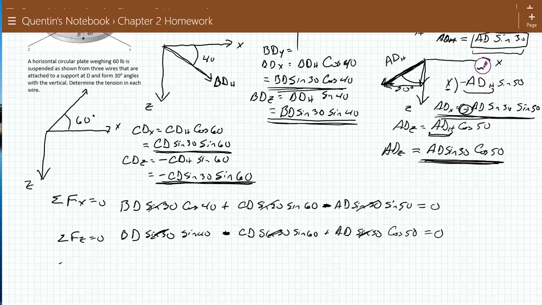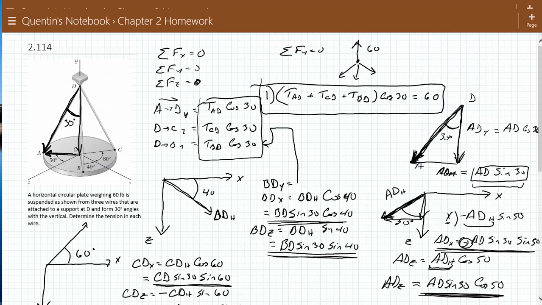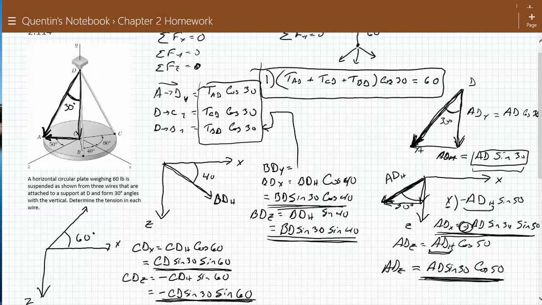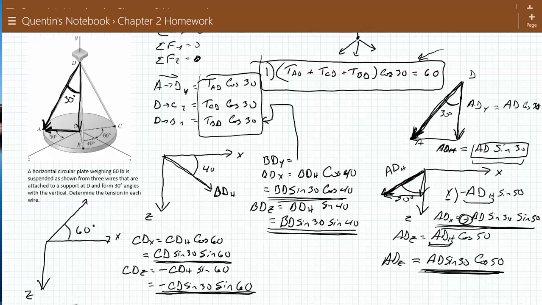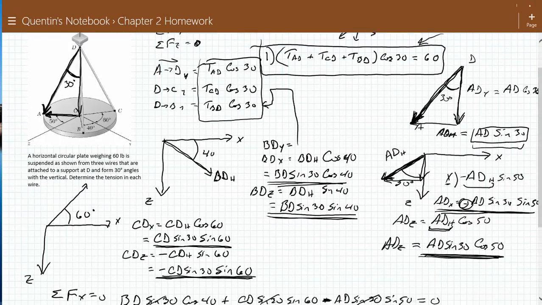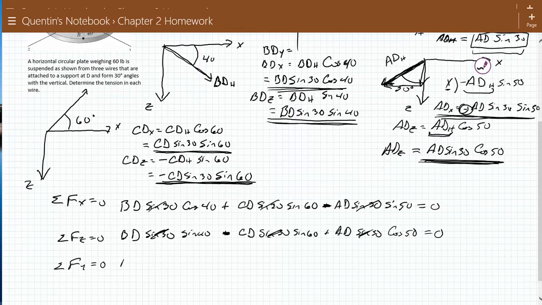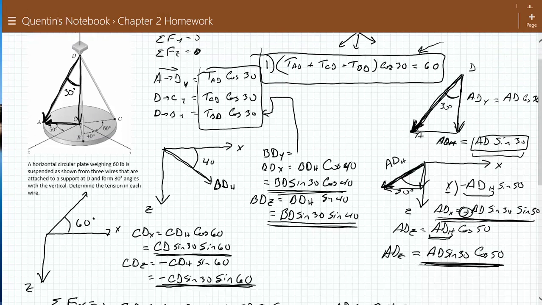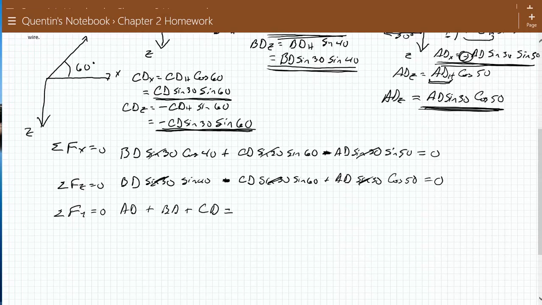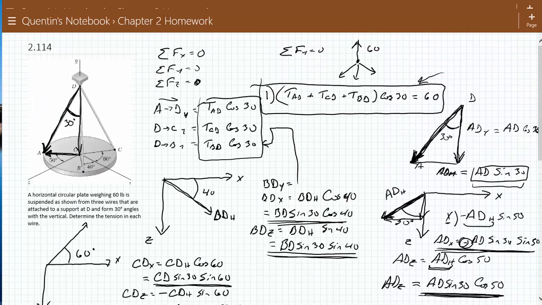And then I'm going to rewrite the sum of the forces in y equals 0. We have it right here, and it's AD plus BD plus CD, I'm manipulating it a little bit, equal to 60 over cosine of 30.